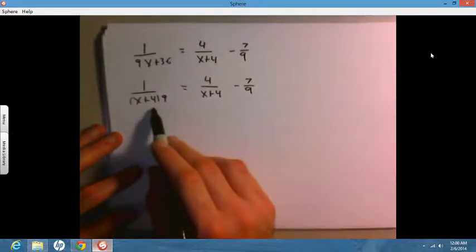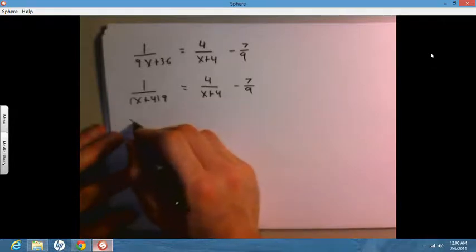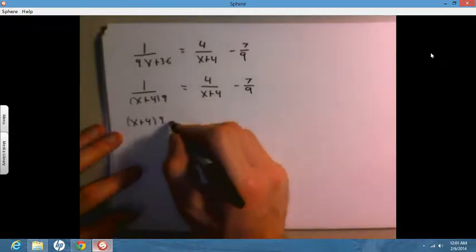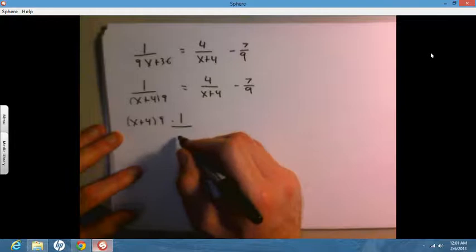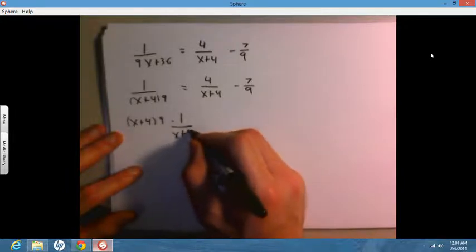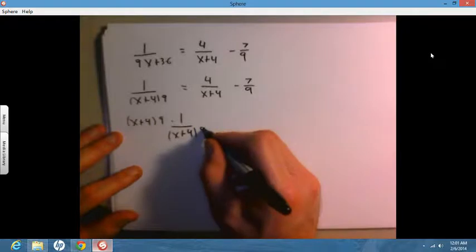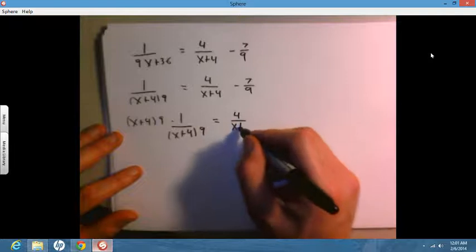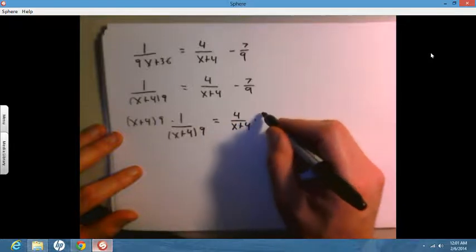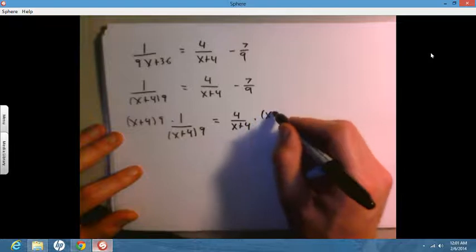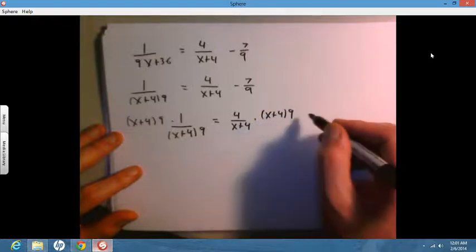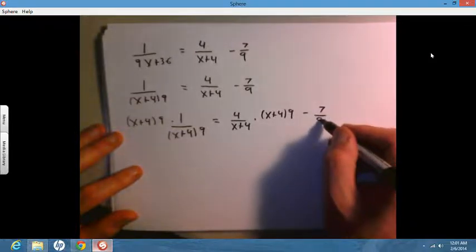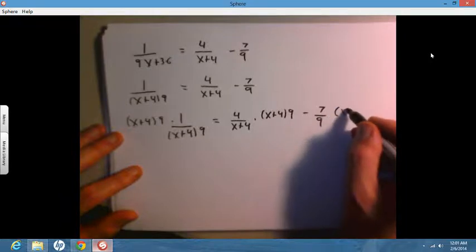So we're going to do x plus 4 times 9 times 1 all over x plus 4 times 9 is equal to 4 divided by x plus 4 times x plus 4 times 9, minus 7 divided by 9 times x plus 4 times 9.